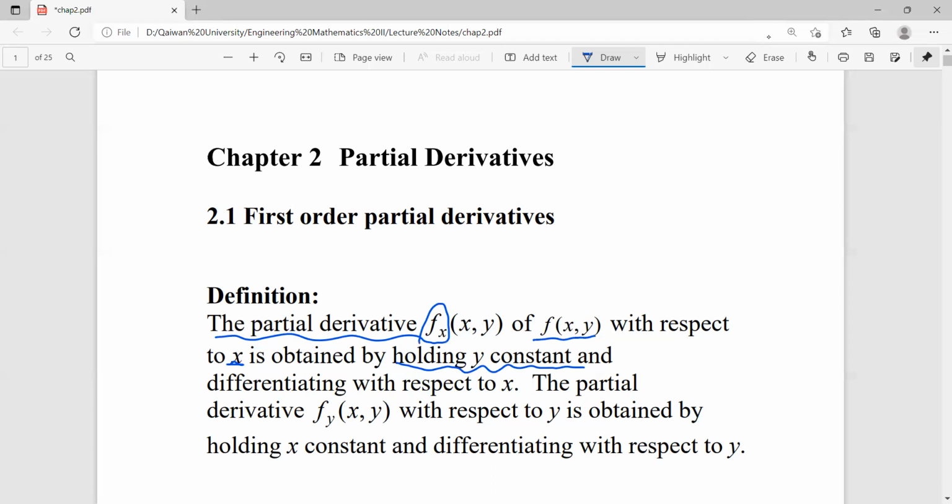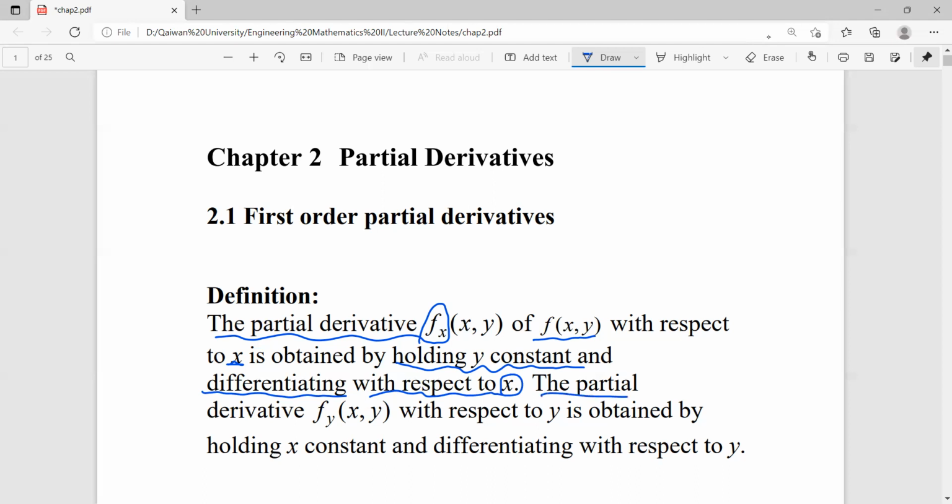That means we treat y as constant. And for differentiation with respect to x, we take the derivative with respect to x for the function and treat y as constant.